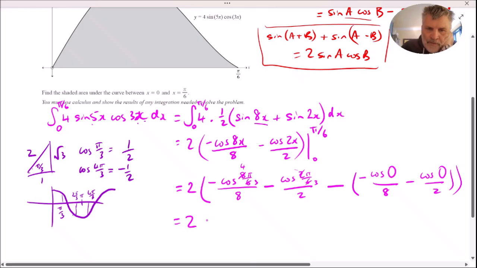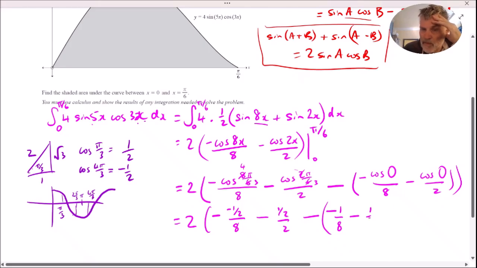So this is 2 times minus negative a half over 8, minus a half over 2, minus cos 0 is 1 over 8, and maybe I'll put a bracket around this, and minus 1 over 2.